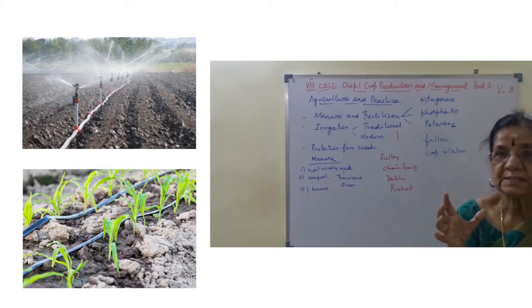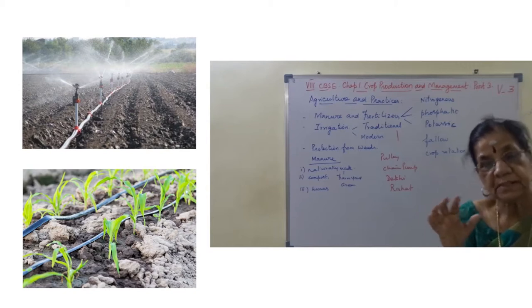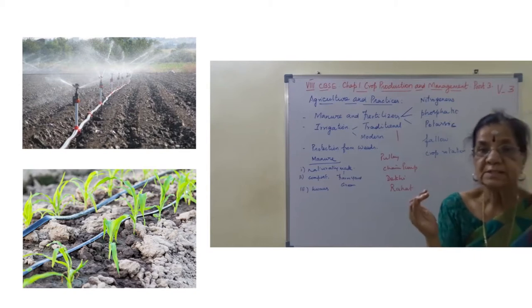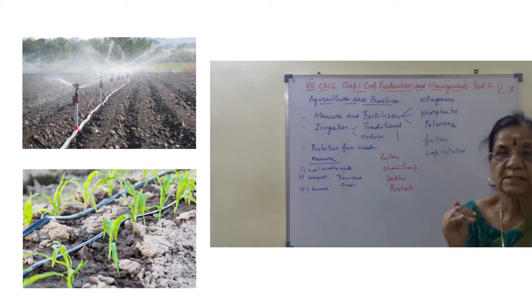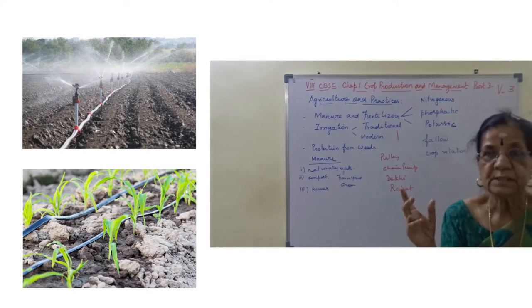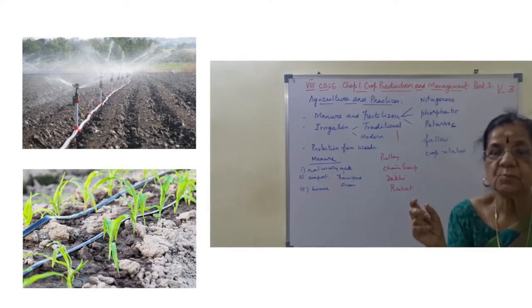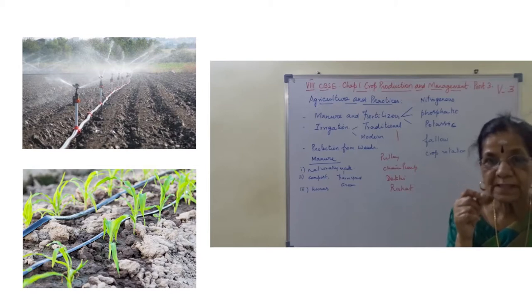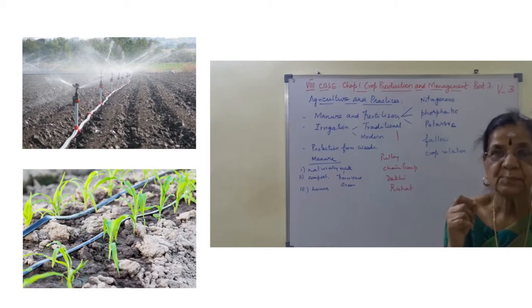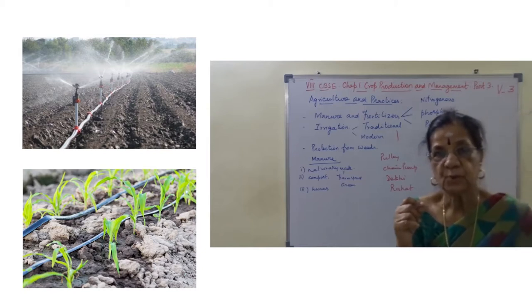It is useful in sandy soil and where the water will be supplied uniformly. Whereas drip irrigation, when there is scarcity of water, again with the tube it will go drip by drip, drop by drop. That is drip irrigation. I hope you follow.